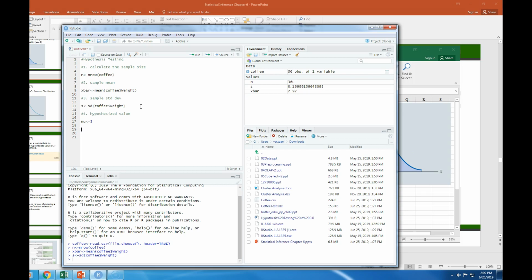The next calculation we need to do is to calculate the standard error. This is going to be used in the t-statistic formula, and I'll call this SE. And the way SE is calculated is that it's the standard deviation divided by the square root of the sample size.